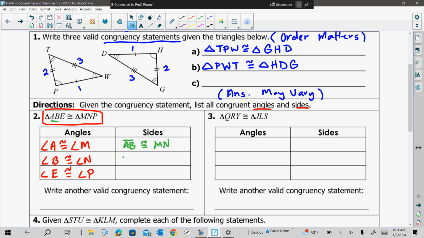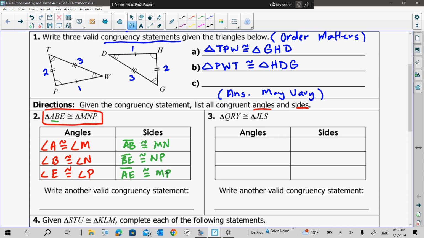If I go to BE, which is middle and last, that's going to be congruent to NP. The third side would be first and last. So AE is congruent to MP. To do your sides, you need to look at your combination of 2 letters.